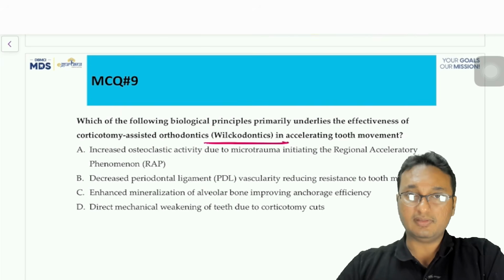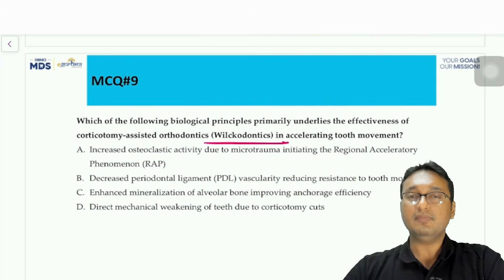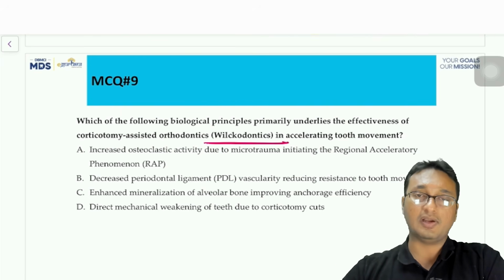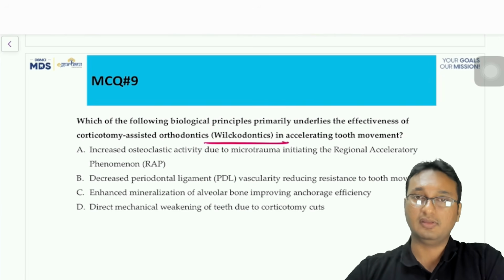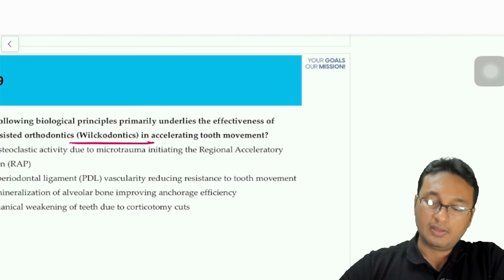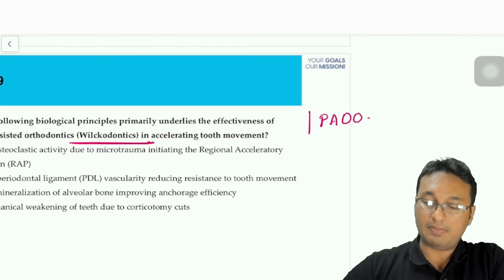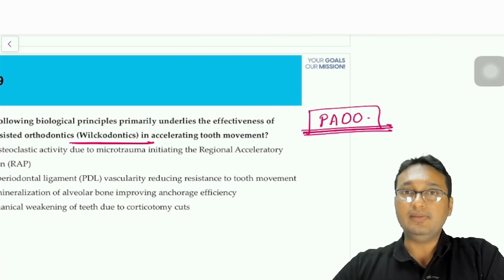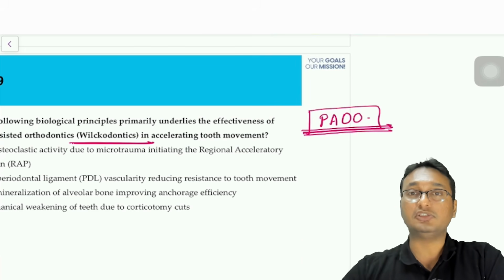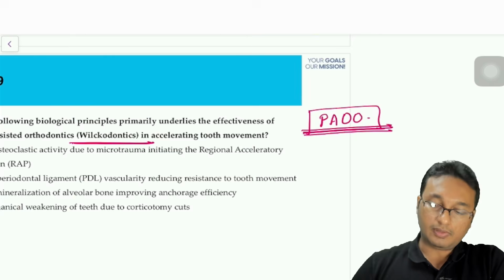Both were brothers. That's why, to honor them, a separate technique has been named after them. That is called Wilcodontics. It's also called periodontally accelerated osteogenic orthodontics, abbreviated as POW.